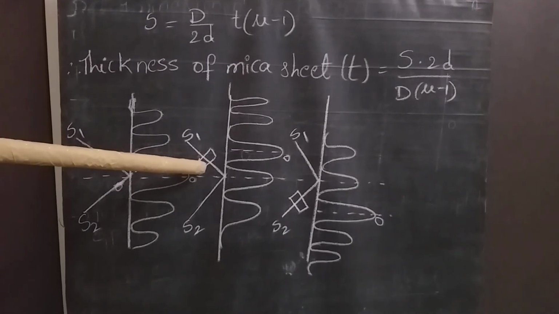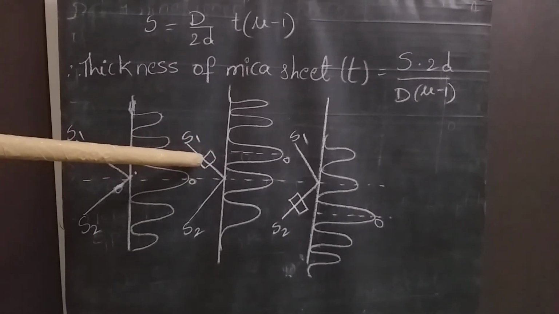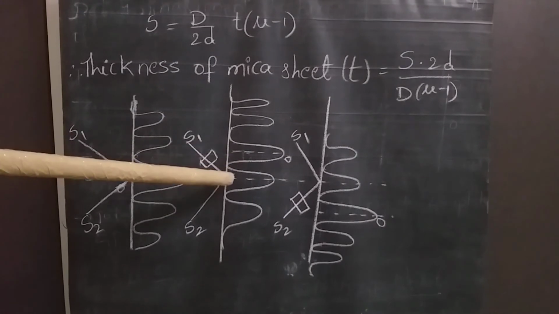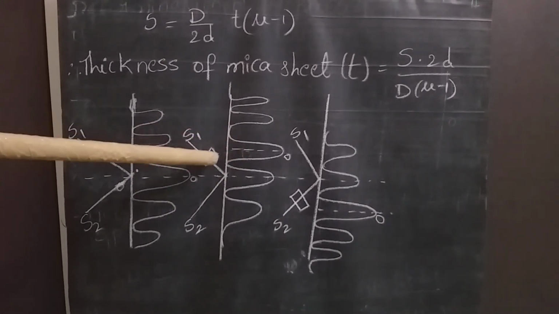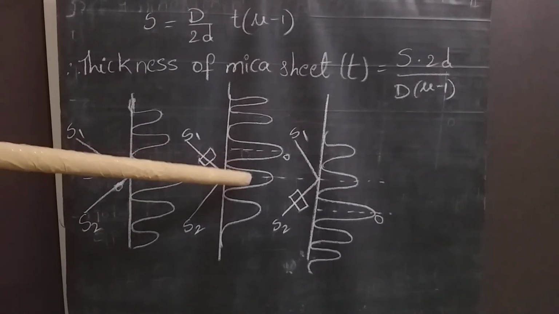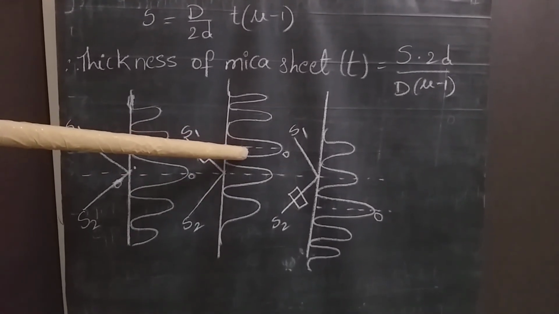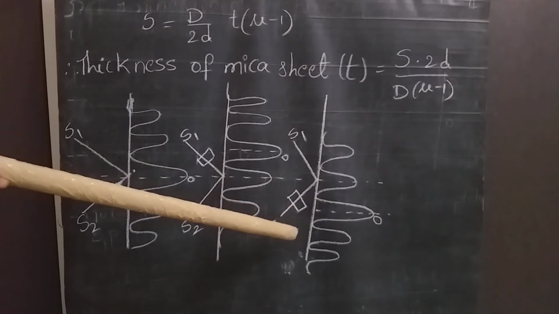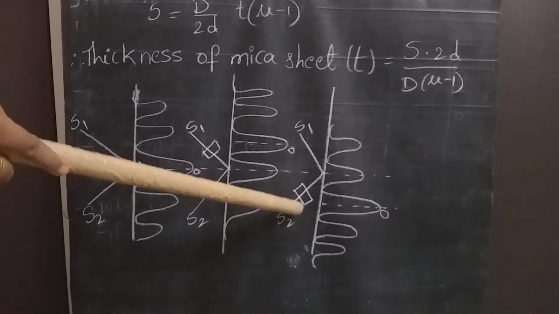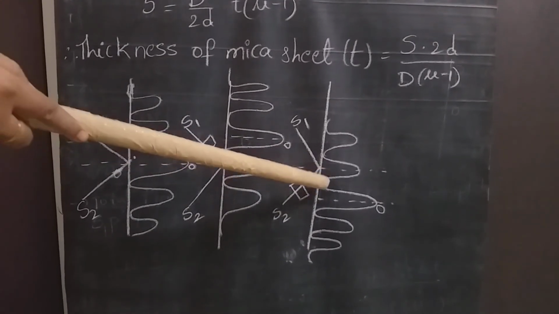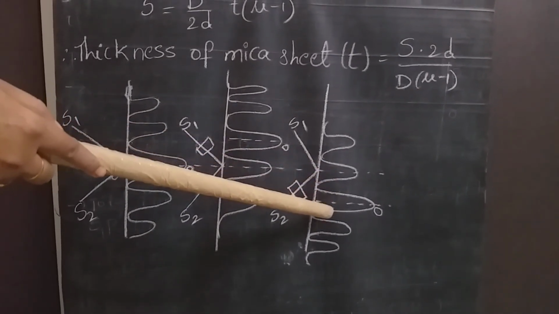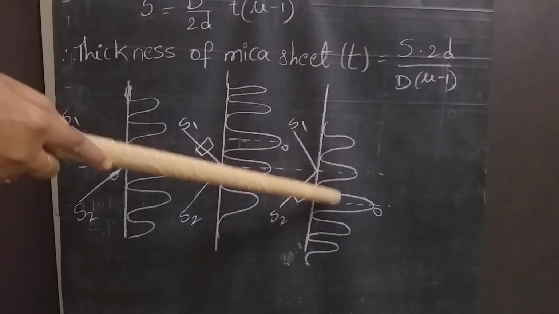Now if I introduce a mica sheet in the first ray path, how about the shifting of fringes? Shifting of fringes will take place towards the position of this mica sheet. Therefore the central maxima has been shifted like this. If the mica sheet is introduced in the path of the second ray, then the central maxima has been shifted towards the mica sheet position like this.